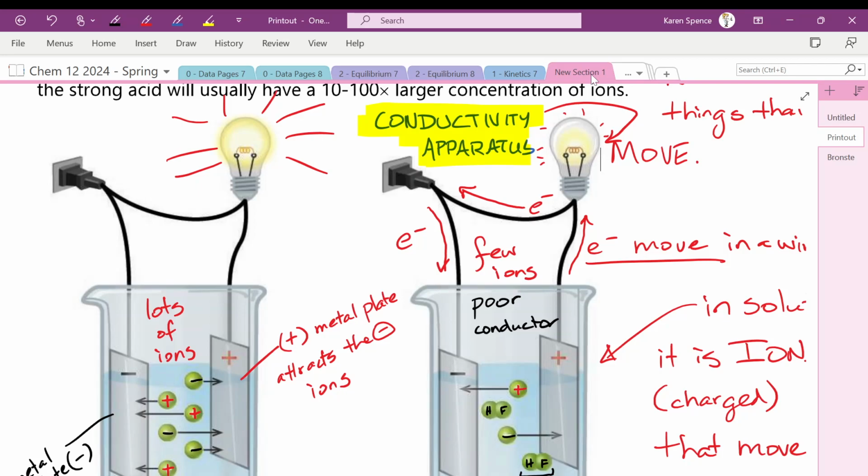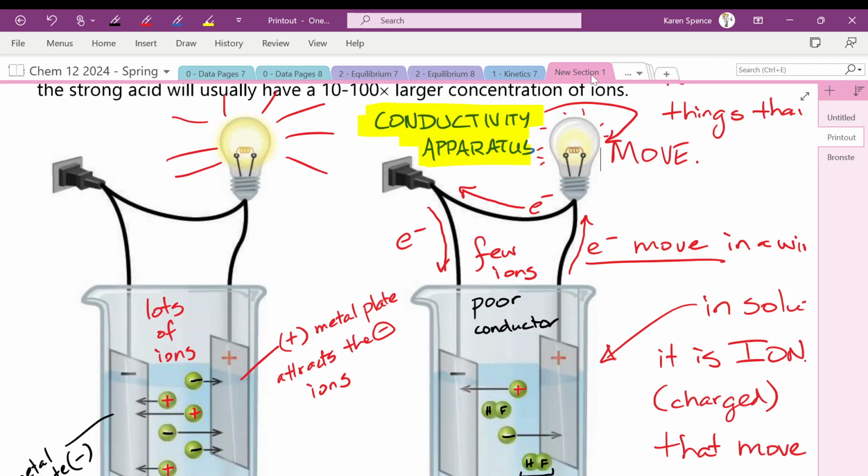Okay, here we go. 5, 4, 3, 2. What happens? It conducts, but weakly. It is a weak electrolyte. Okay, the HCl was a strong electrolyte. It conducted electricity well. The weak acid is a weak electrolyte. Why am I not getting as much conduction here? Because the acid mostly stays together. It doesn't dissociate into the ions.